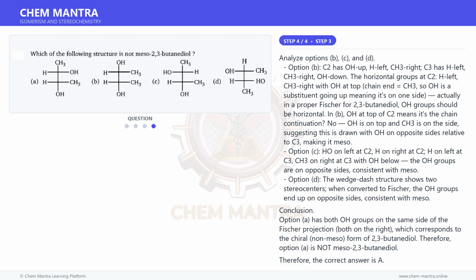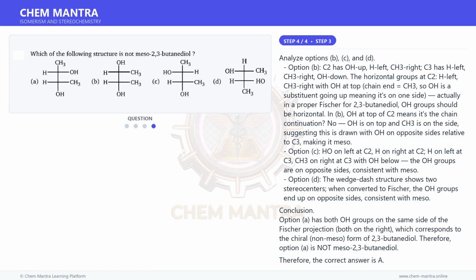So OH is a substituent going up, meaning it's on one side. Actually, in a proper Fischer for 2,3-butanediol, OH groups should be horizontal. In B, OH at top of C2 means it's the chain continuation. No, OH is on top and CH3 is on the side, suggesting this is drawn with OH on opposite sides relative to C3, making it meso.